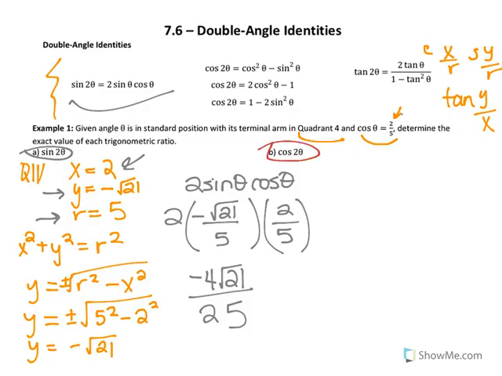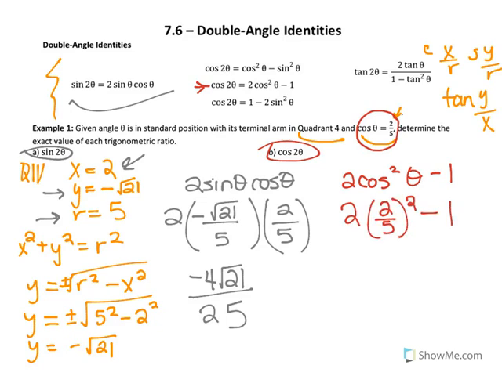Now we're going to go to cos 2 theta. There's a whole bunch of different ones we can do. I don't know, let's pick this one. So cos 2 theta is going to change to 2 cos squared theta minus 1. We can replace cos theta with 2 over 5. So we have 2 times 2 over 5 squared minus 1. Make sure to distribute that square to the top and the bottom.